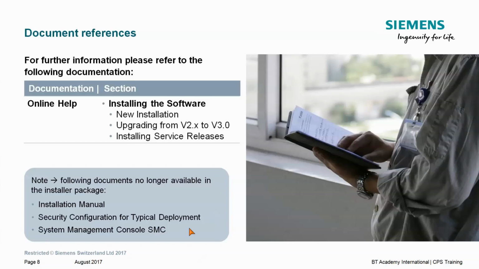The information of these three documents is now included in the new online help. In the further slides, we will get information on how to become familiar with the online help.